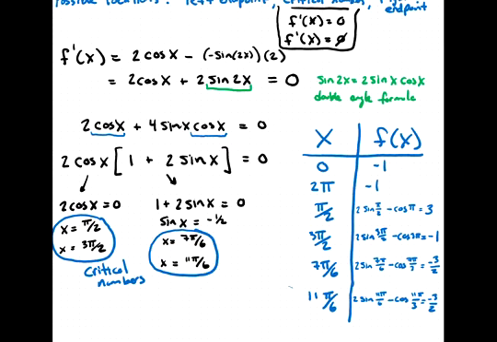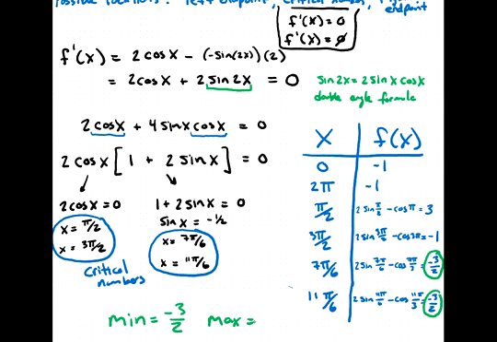So now, the extreme minimum is the smallest y value, which looks like it occurs both here and here. So our extreme minimum is the y value when x is either 7 pi over 6 or 11 pi over 6. So our minimum is negative 3 over 2.